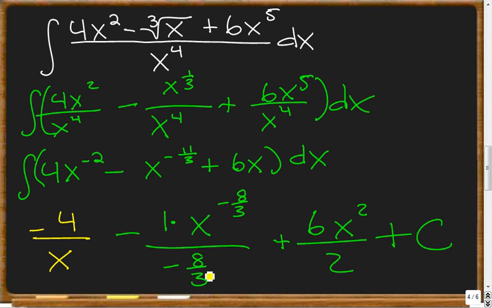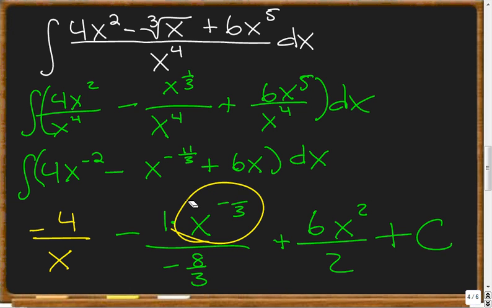Now, this one's going to become a little more complex. Dividing by negative 8/3 is like multiplying by 3/8. Because both of these are negatives, it can be turned into a positive. The x to the negative 8/3, that's the same thing as 1 over the cube root of x to the 8th.